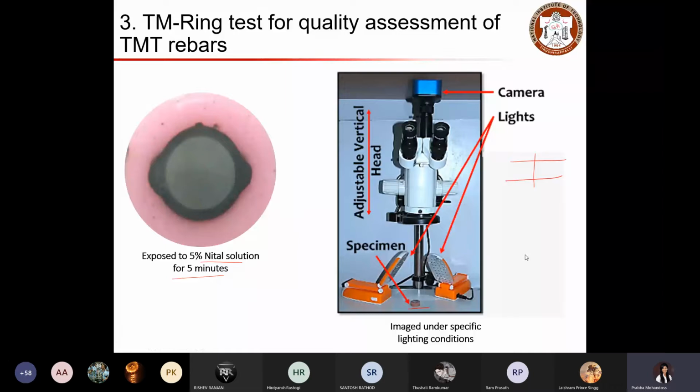To capture the phases, you should have a camera with proper lighting. So you can keep two lights on the sides to provide sufficient lighting to capture the image.